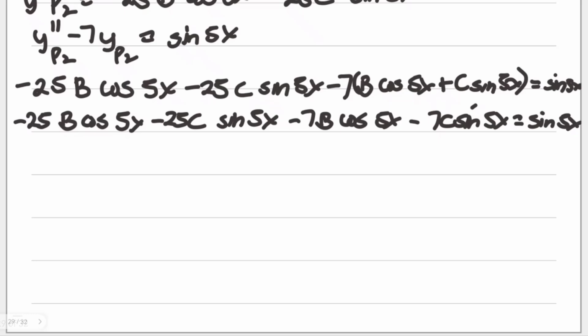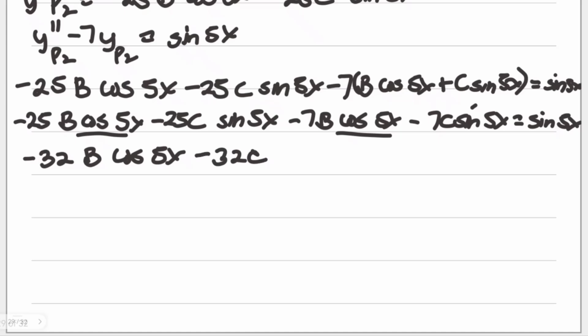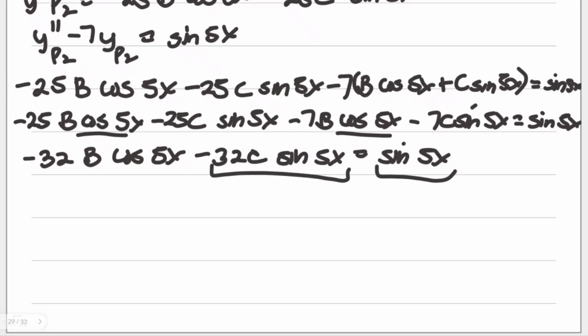Combining the cosine terms, minus 25 minus 7, you have negative 32b cosine of 5x, and also minus 32c sine of 5x, equal to sine of 5x. At this point, equate those with sine. Since we don't have cosine on this side, that's automatically equal to 0.